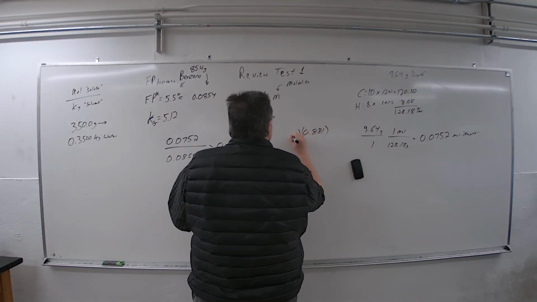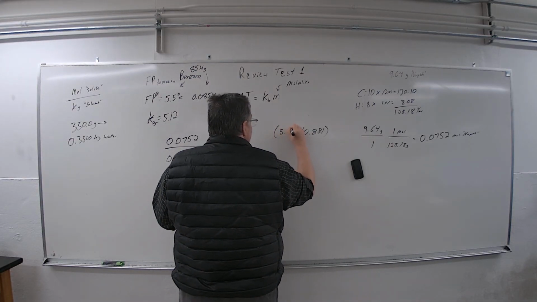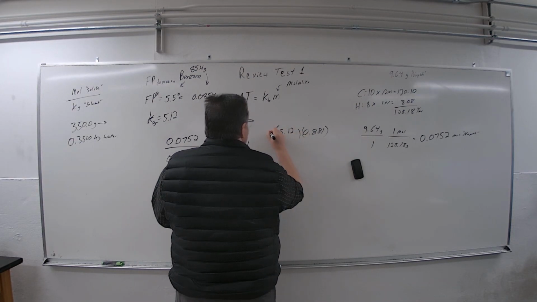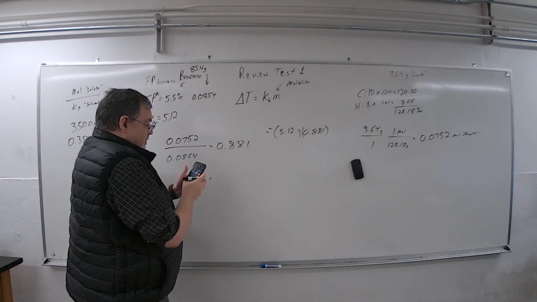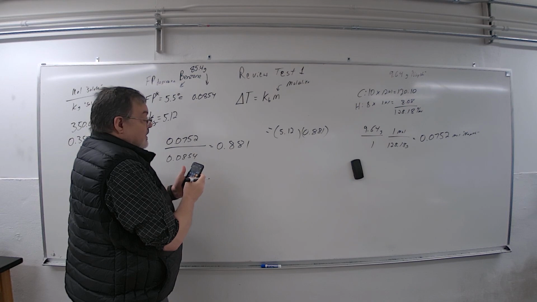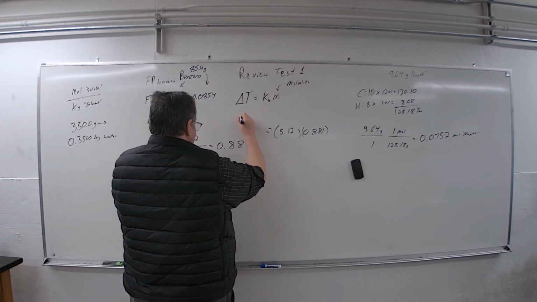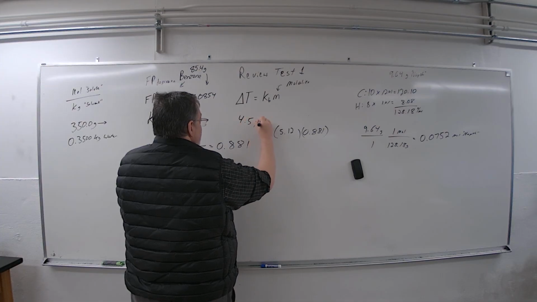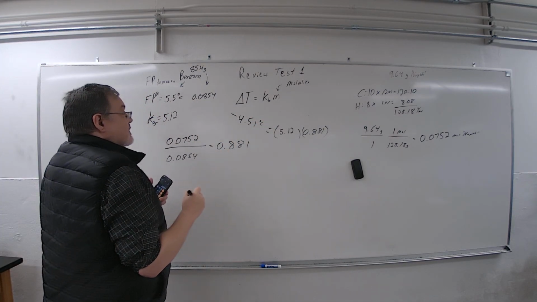That's m. For KF, we have 5.12. And the change in temperature equals 5.12 times 0.881, which is 4.51 degrees C change. That's going to be negative because it's freezing point depression.